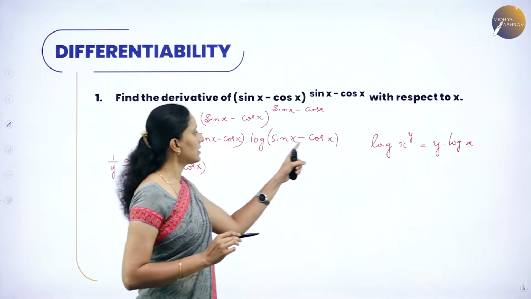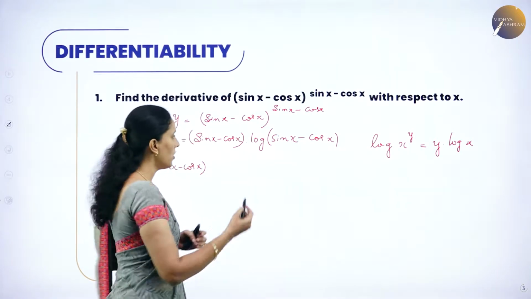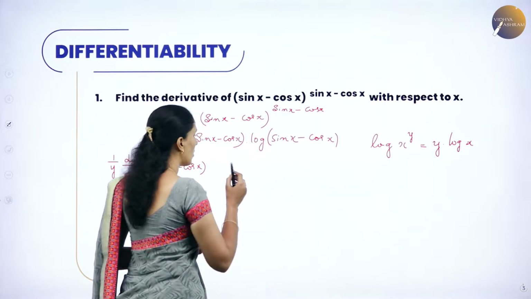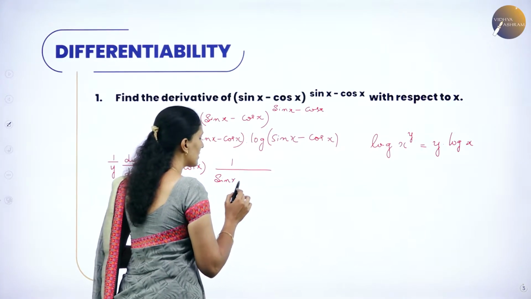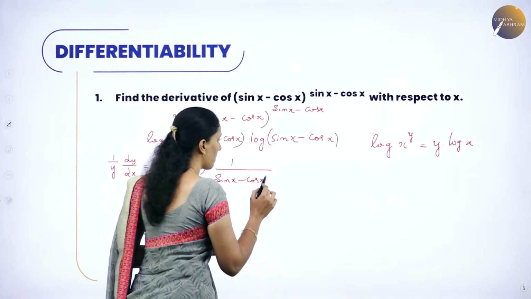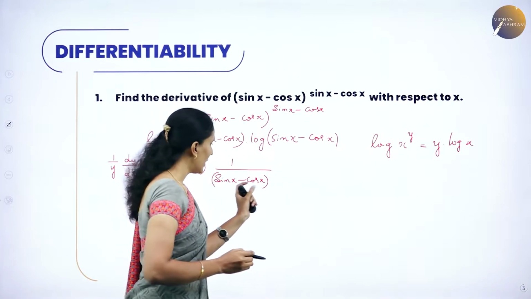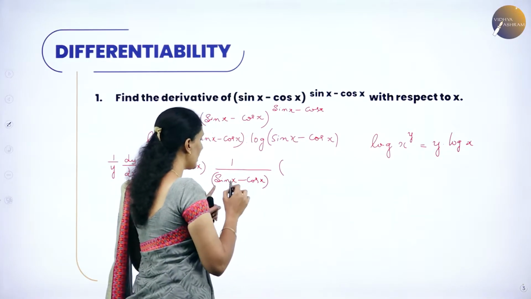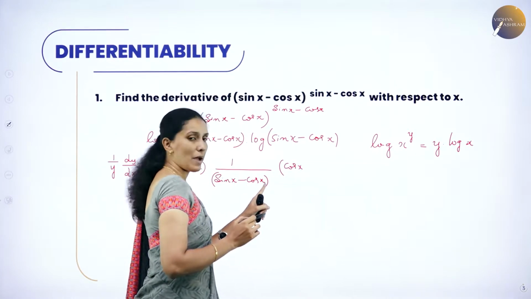Now differentiate this function. So log of anything will be in the form of 1 by that thing. So log of (sin x minus cos x) will be in the form of 1 over (sin x minus cos x). But sin x minus cos x is also one more function, so differentiate it. The differentiation of sin x is cos x and of cos x is minus sin x.